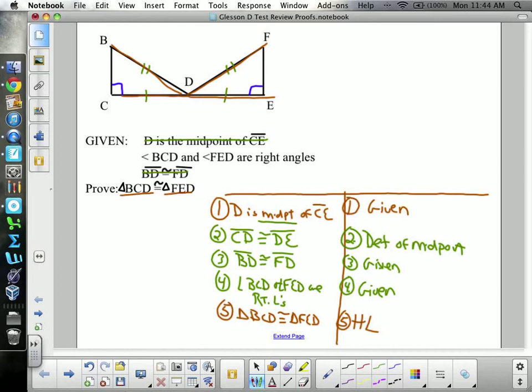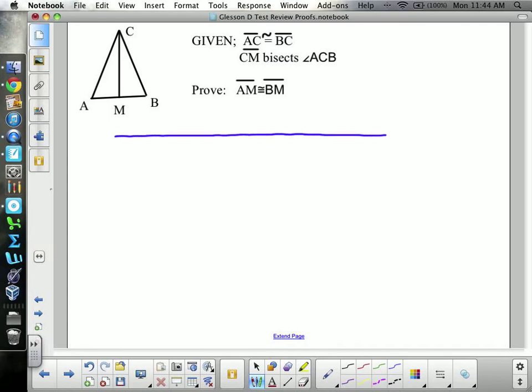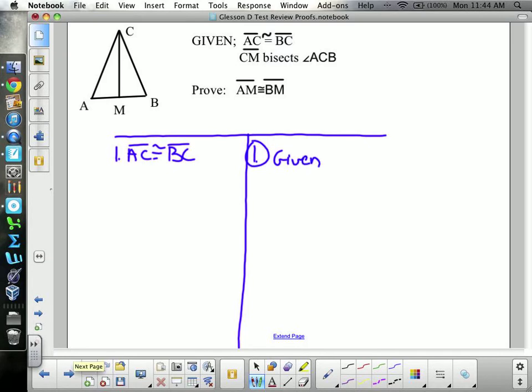Let's look at the next one. And again, right off of your sheet. Given AC is congruent to BC. Okay, mark it in.